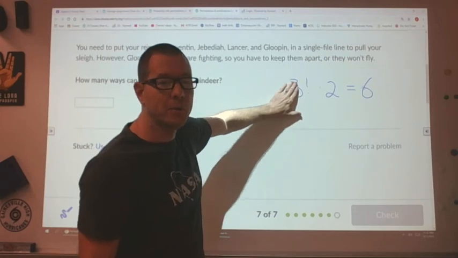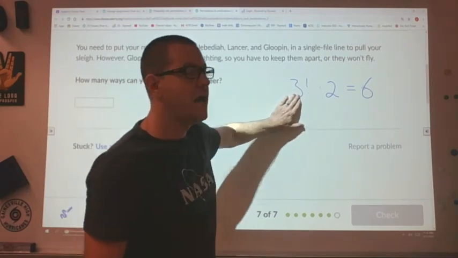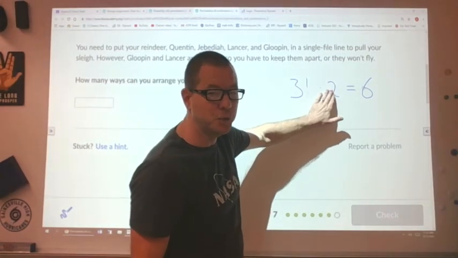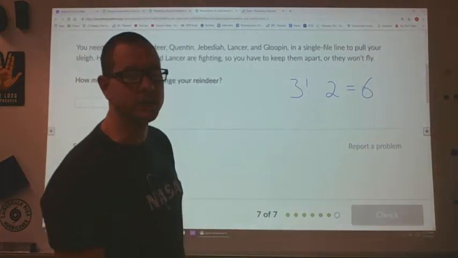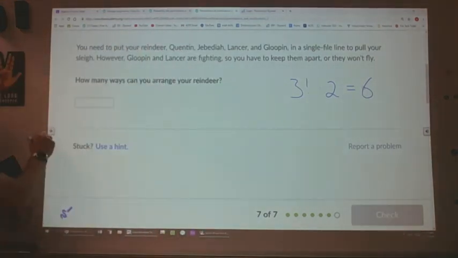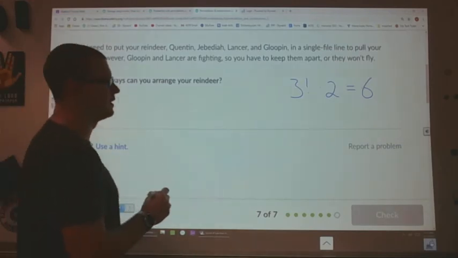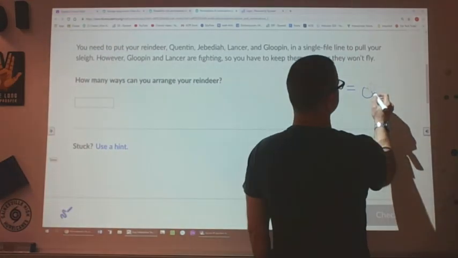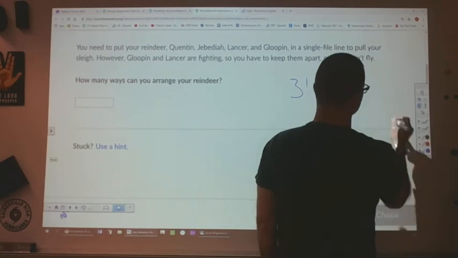So I figure out how many ways I can arrange those 3 objects, and then I take into account that the 2 that need to be in a single group can switch places. So I multiply that by 2, we get 12. 3 factorial times 2 is 12, not 6. Sorry. 12.